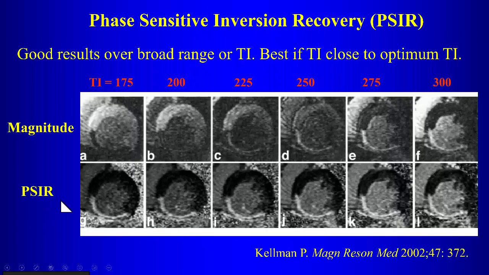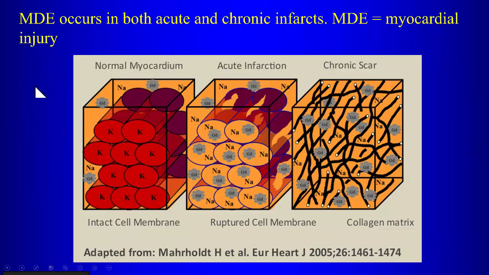As long as you're reasonably close, it will keep the normal myocardium dark, and it will show you the abnormal myocardium as brighter. The contrast still shows up best if the inversion time is close to the optimal inversion time. Okay, but this might save you some time, and you don't have to go through the process of actually finding the perfect inversion time.